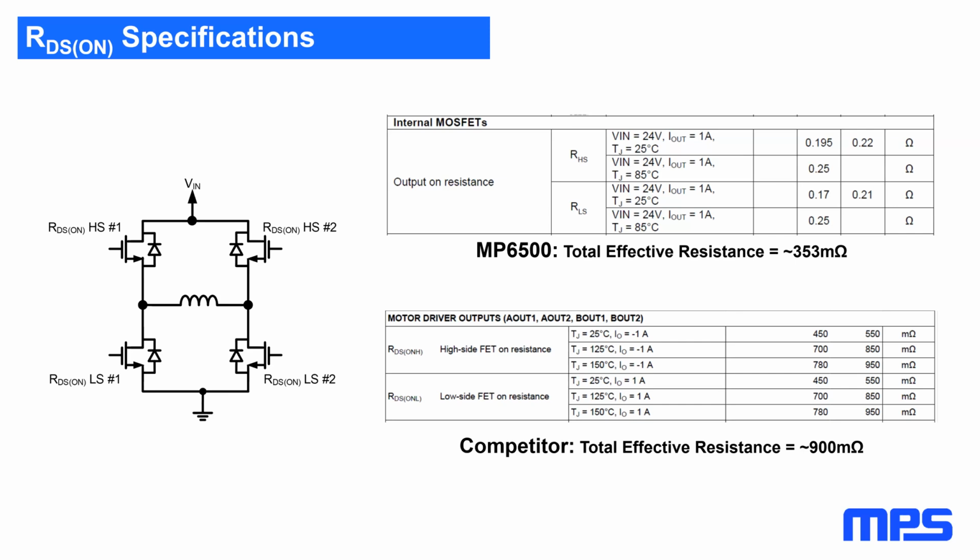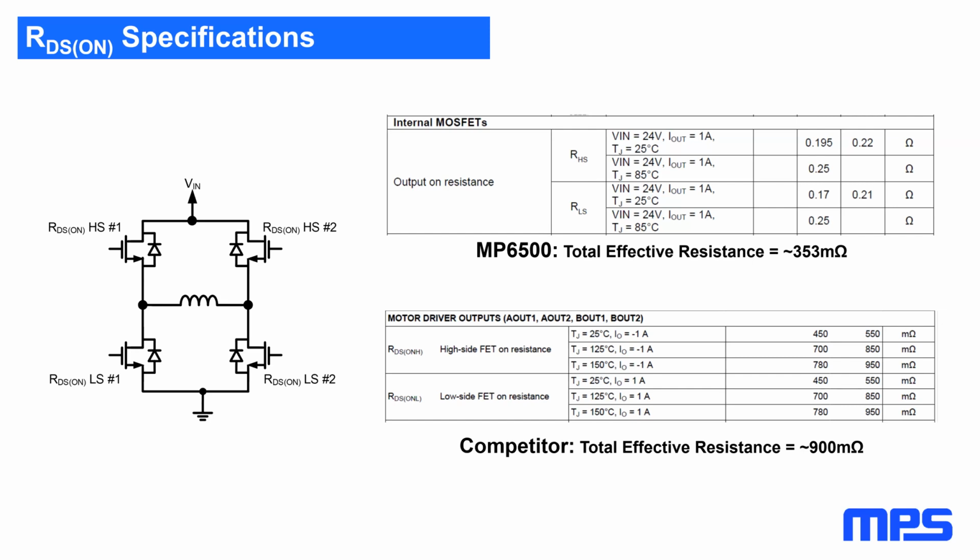Given this, there's a little advantage to making the low side MOSFETs a bit bigger with lower RDS on than the high side. So you'll see that in some datasheets. As an approximation, the winding current will flow through one low side and maybe half of the time through the other low side and half of the time the other high side. So you can estimate the total path resistance for one H-bridge as a low side plus the average of the other low side and high side.